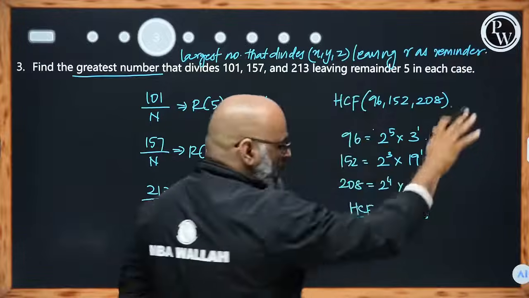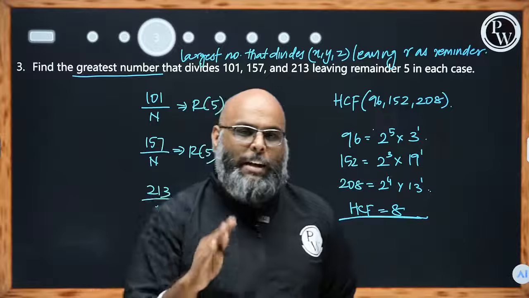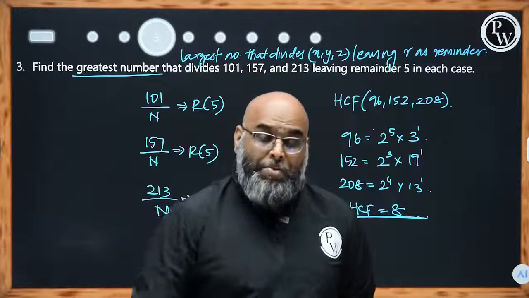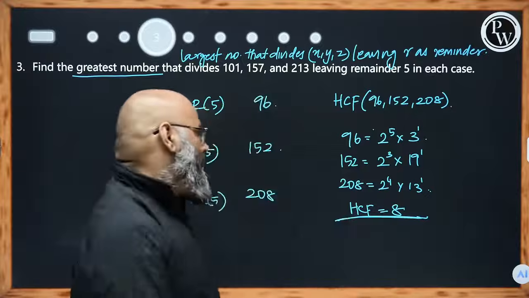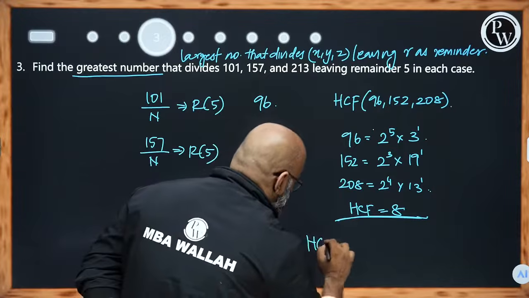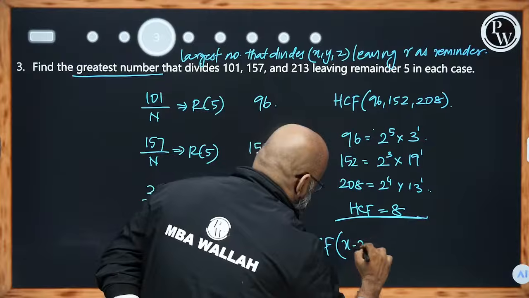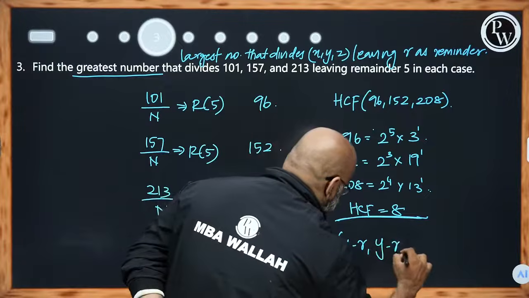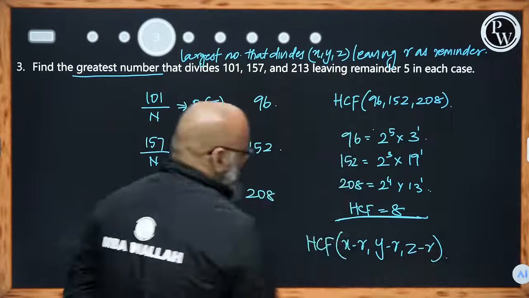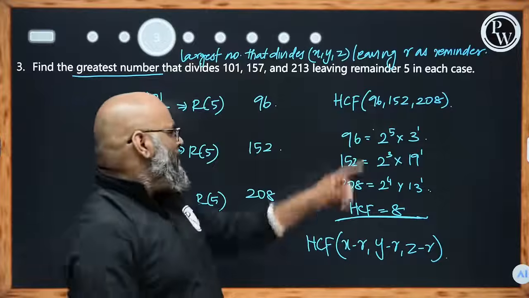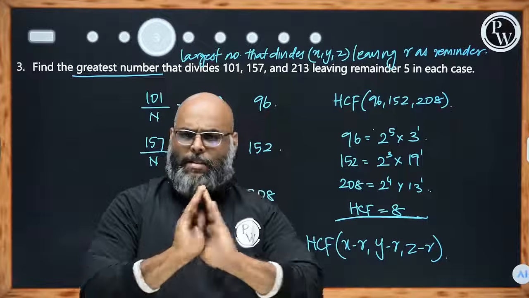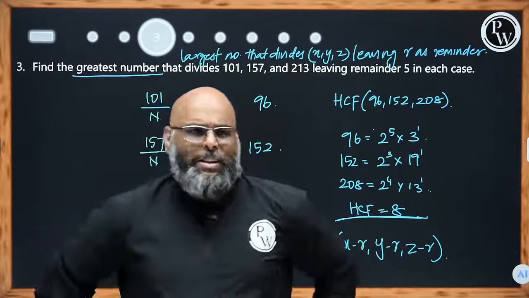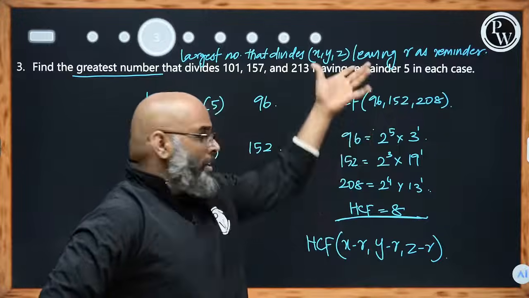If the question goes something like this, find the largest number that can divide x, y, z, leaving the same remainder r in each case, we are simply going to find HCF of x minus r, comma y minus r, comma z minus r. Nothing tricky. Simply remove the remainder from the given 3 numbers, find the HCF of those 3 numbers, and we are done. Right? This is a generic form for this part.